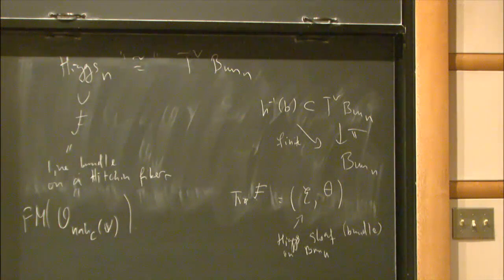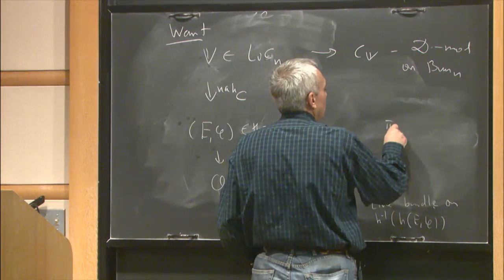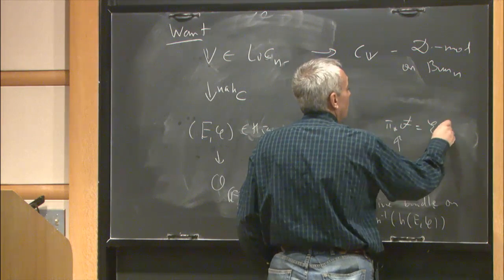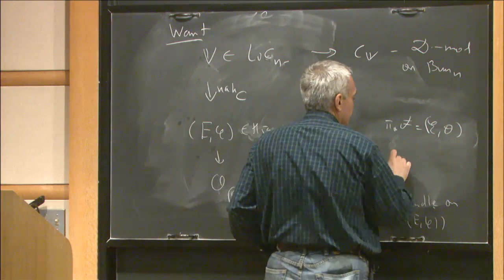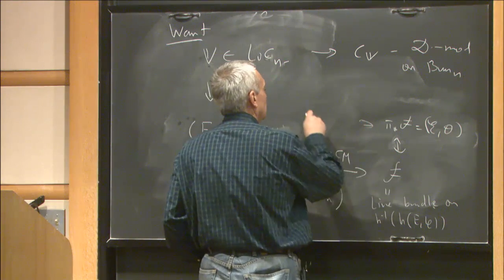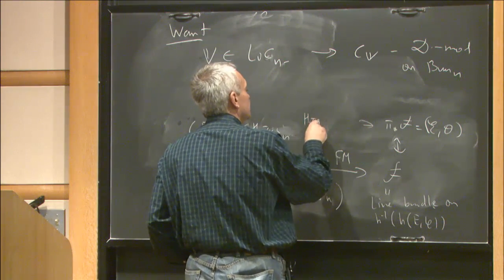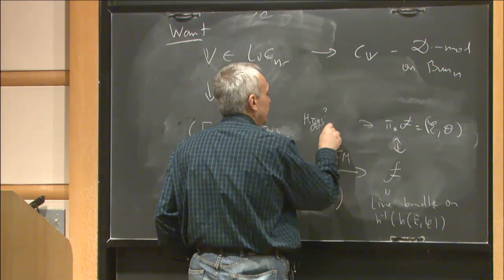So this gives you a Higgs sheaf on Bun N, really an equivalence. So a Higgs sheaf of some unspecified rank, which I'm not going to talk about, on Bun N.